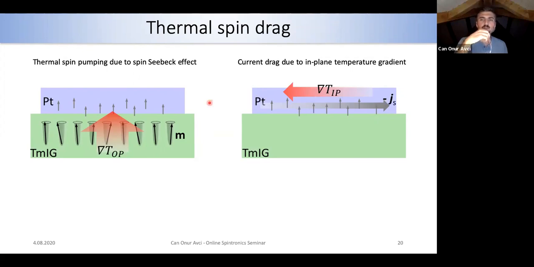Yes, you're right, but there's also a but, because the picture that I'm drawing here is a naive picture. I'm still sending an AC current, and I expect the thermal signals to appear in the second, fourth, and higher harmonics. To be honest, we didn't check the fourth harmonic, but it's likely that I get some signal in the fourth harmonic as well. But you're right, in this naive picture, it looks like we should get a fourth harmonic signal.